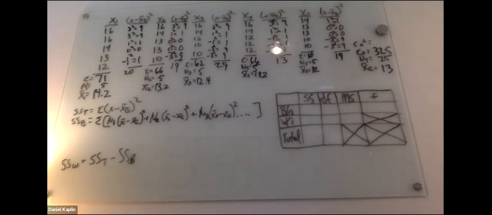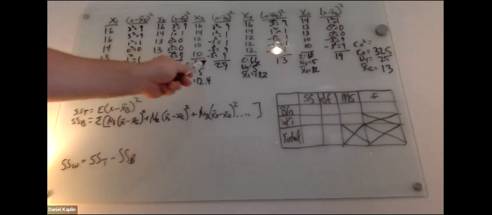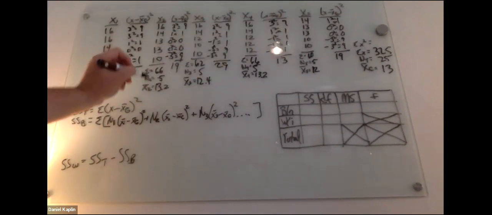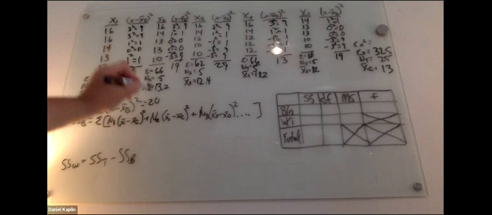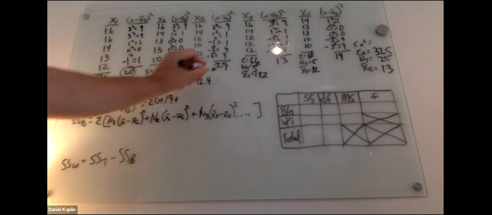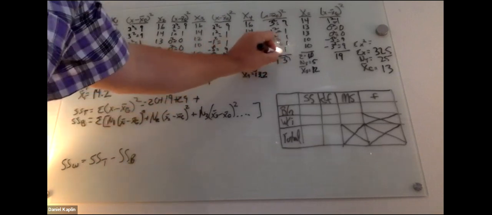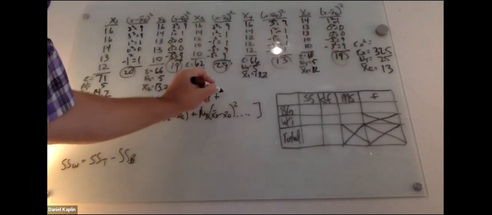Now, let's take this formula here. The sum of squares total is equal to the sum of x minus x bar g. So I have to take all these numbers and add them up. I already added the column, so that's going to be expressed as 20 plus 19 plus 29 plus 13 plus 19.